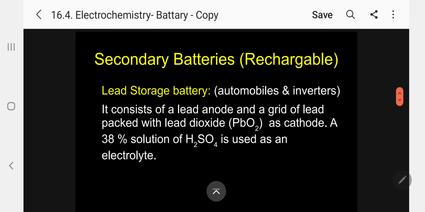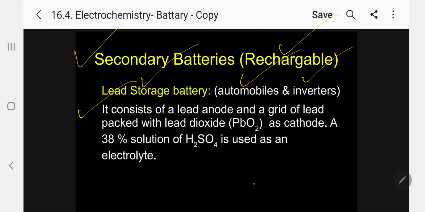So the lead storage battery we call a secondary battery. What is a primary battery? The main criterion: once we use it, it will be dead, and we have to throw it out. But this is rechargeable. Please follow. Secondary batteries are rechargeable. The lead storage battery is used for automobiles and inverters.